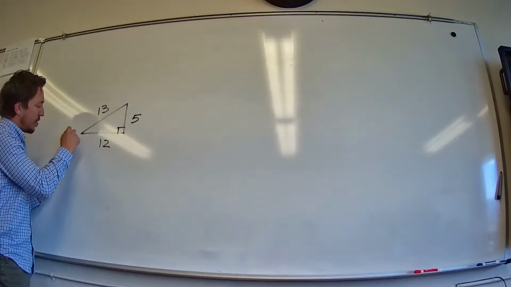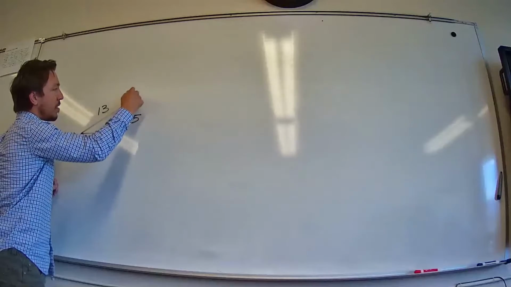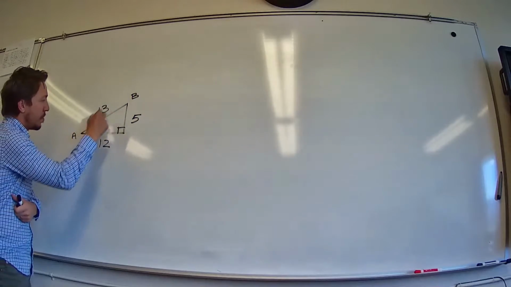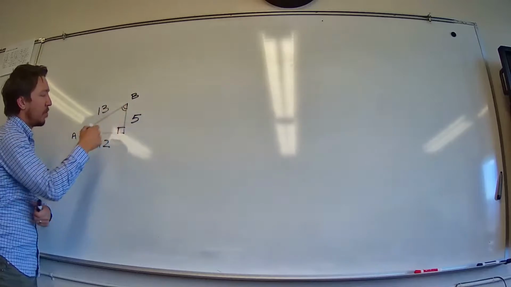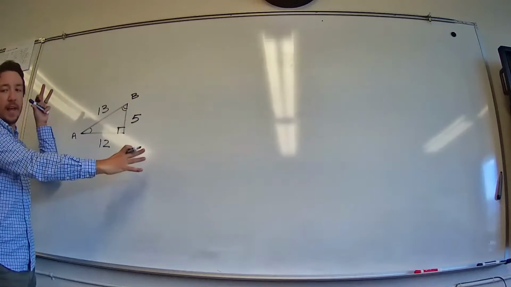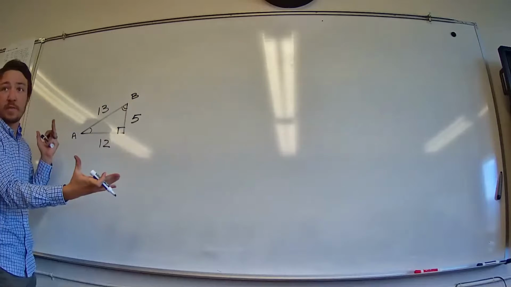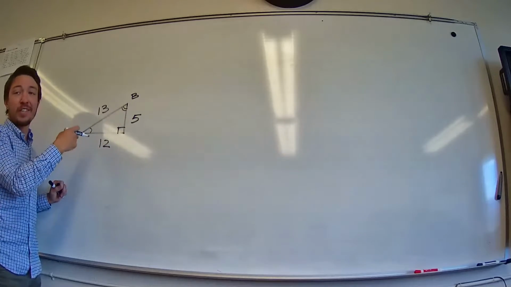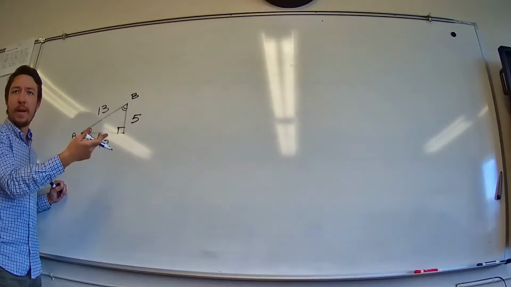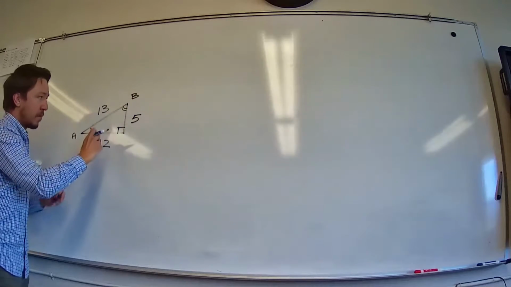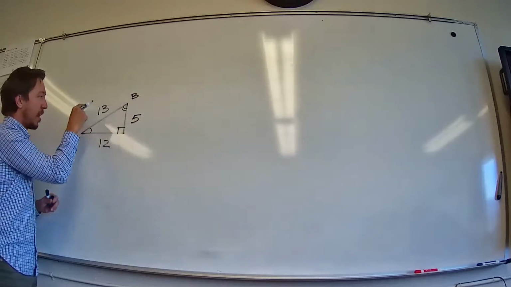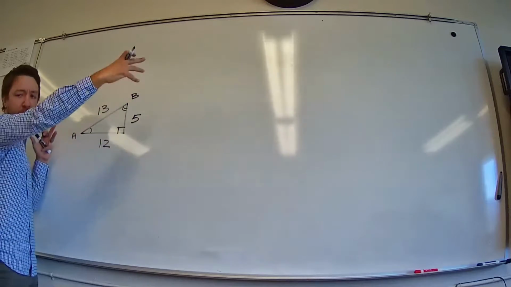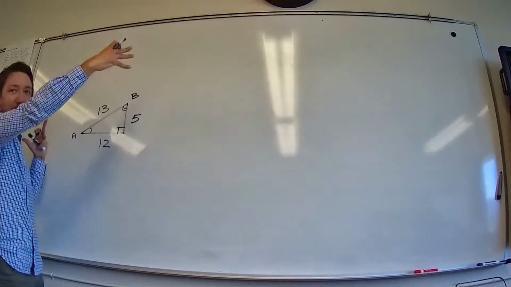Let's say this was angle A, this is angle B. If I expanded that triangle, made it twice as big, so it was 10, 24, 26, these angles wouldn't change. Or if I shrunk it down, so it was 2.5, 6, and 6.5, same thing. These angles would stay the same as the triangle shrank or expanded.